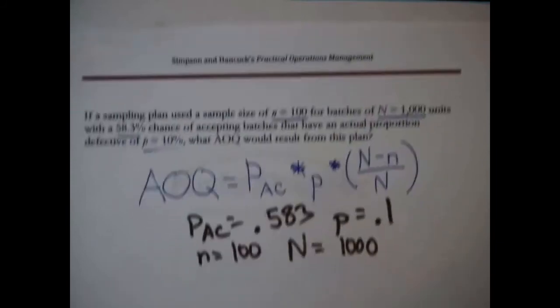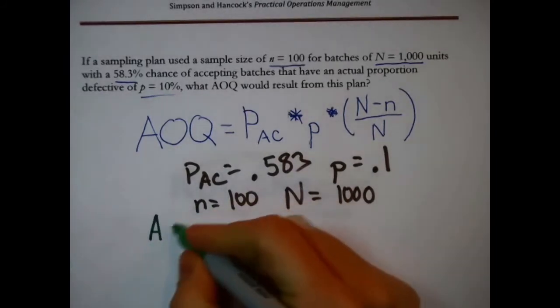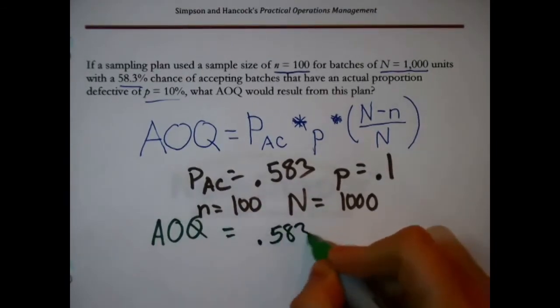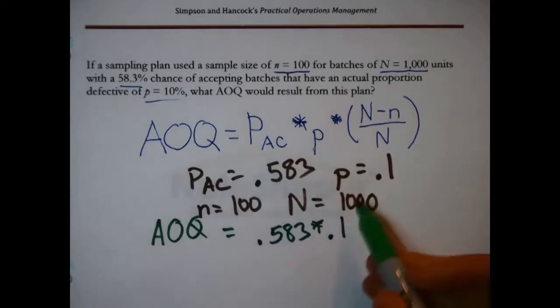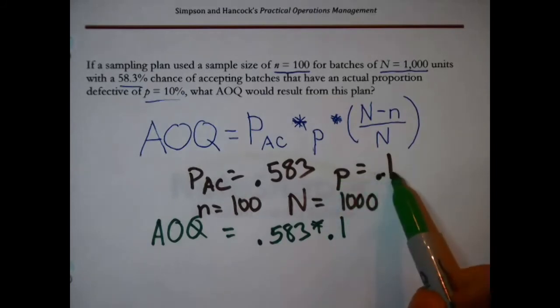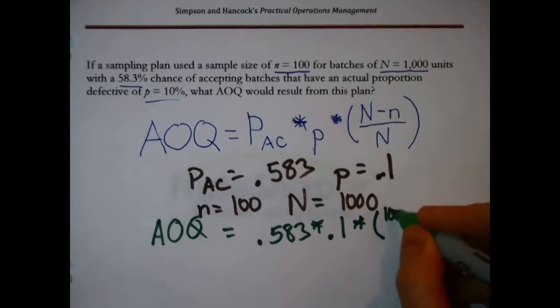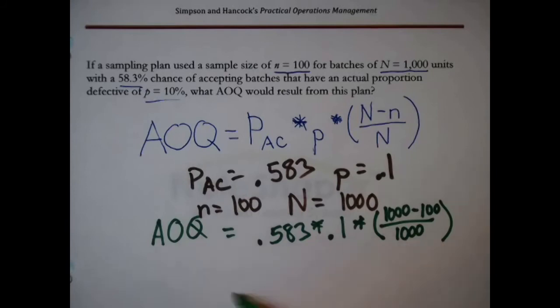So to calculate average outgoing quality, I just fill in the formula. AOQ equals 0.583, that would be the PAC, times 0.1, the proportion defective or 10%, times 1,000 minus 100 divided by 1,000, or in the parentheses 900 divided by 1,000.